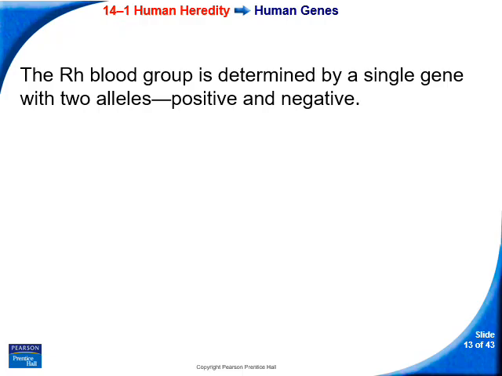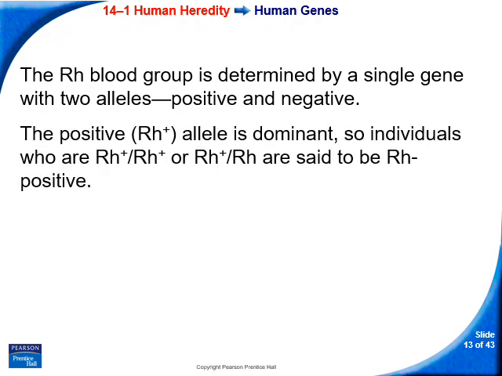The Rh blood group is determined by a single gene with 2 alleles. That means being positive and being negative. The positive allele is dominant, so individuals who are Rh positive are said to be dominant over the Rh negative. Rh positive means you have the Rho antigen.